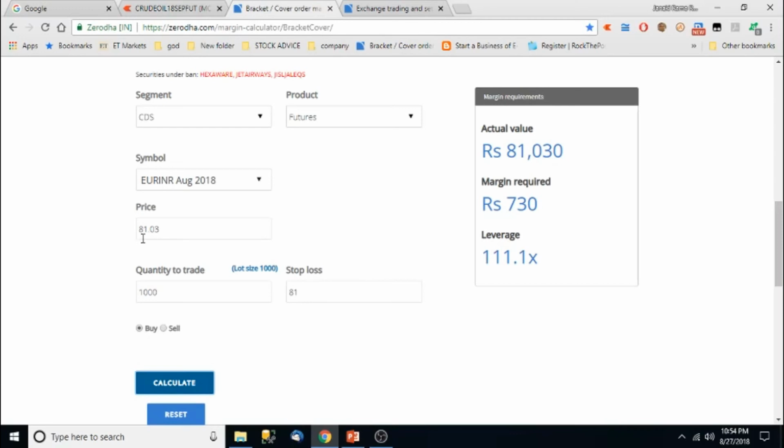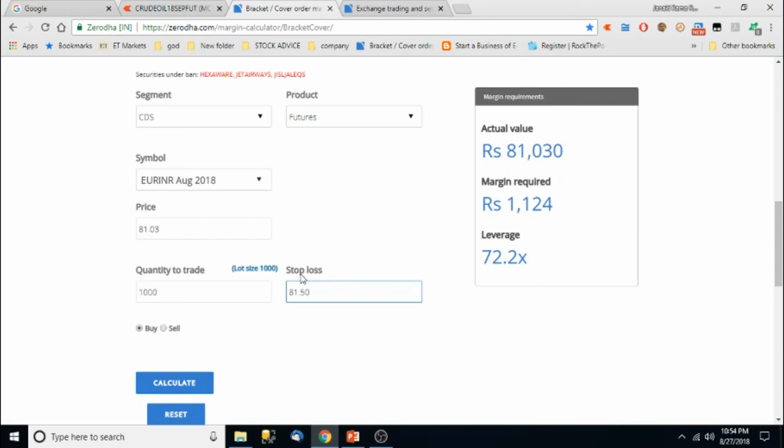We can see the nearer the stop loss, we are getting 111% leverage at 730 rupees only. We are getting around one lot size, because practically it is not possible to trade that much closer.